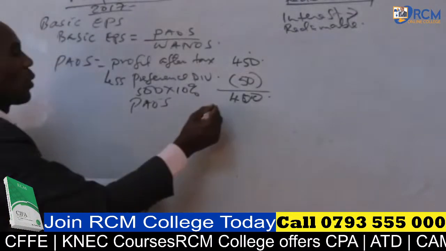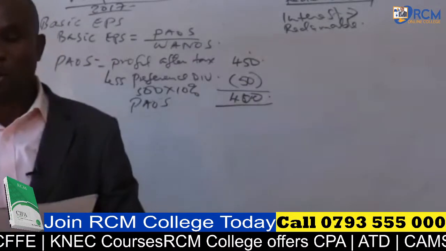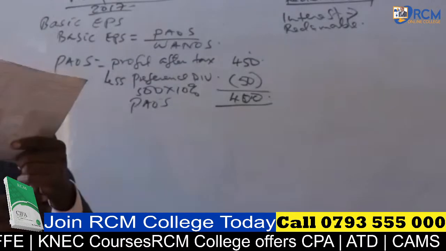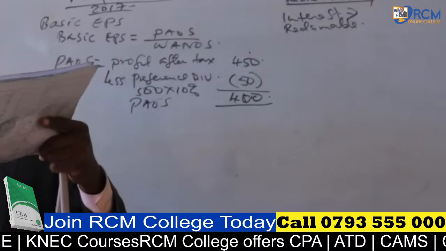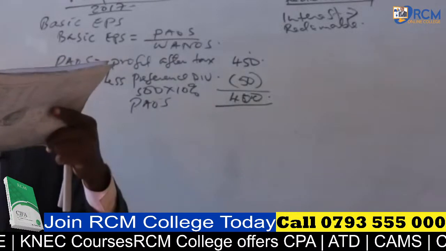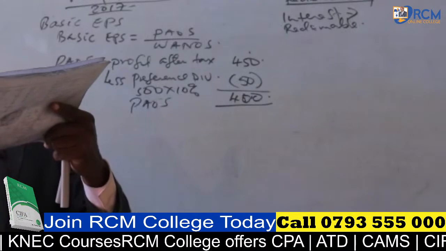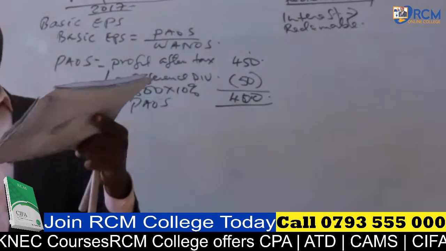Then we go to the number of ordinary shares. How do you get it? In 2017, the shares that we have there are ordinary shares in the capital structure. Ordinary shares that we have in 2017, we have 2,000 shillings. But remember, shillings 2,000 is already in shillings.